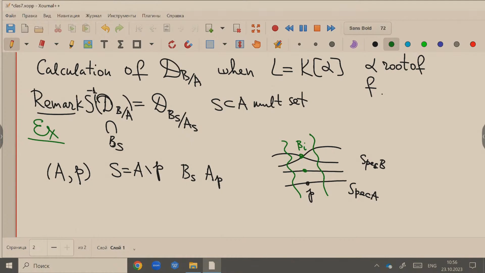So your different really just gives you the trace of the preimage over a given point that is obtained by the localization.